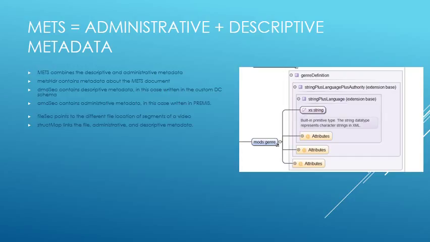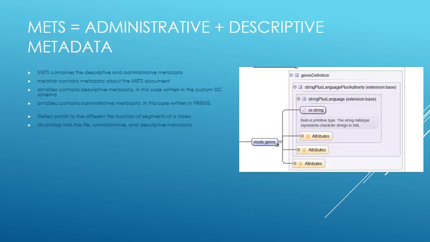The header contains metadata about the METS document, the METS object itself. DMDSec contains descriptive metadata, and in this case it was written in the DC schema, as I mentioned before. AMD contains administrative metadata, and in this case it was written in premise.